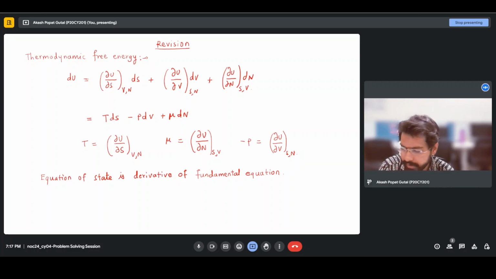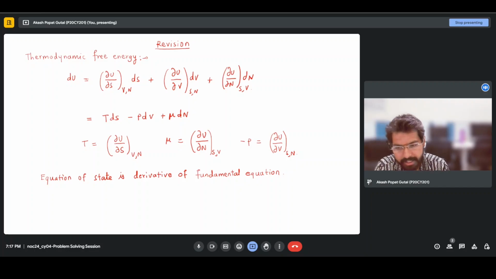Also, the equation of state, we have seen in the lectures, loses some of the information inside the fundamental equation, meaning it is not the entire form. The entire system is actually expressed properly by the fundamental equation.